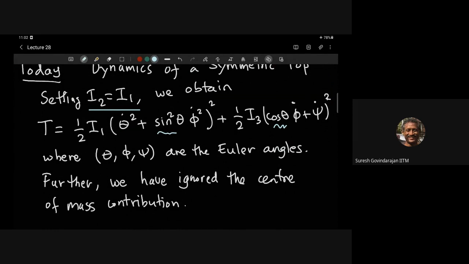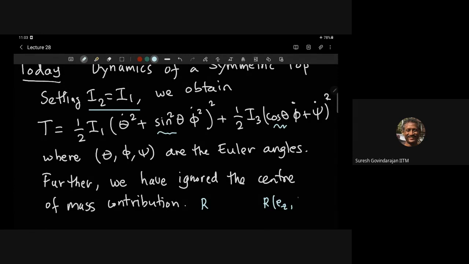Recall how we had done this. We saw that the rotation matrix, which takes the laboratory frame to the body frame, we constructed as a sequence of rotations. It was first about the z-axis by what?